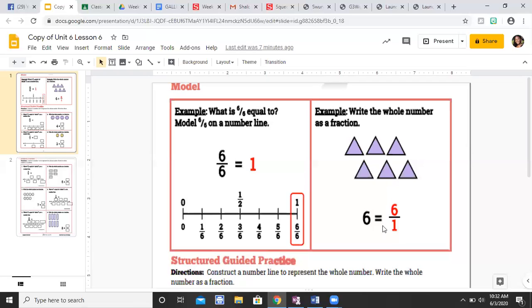For our denominator, or bottom number, we're going to have to take a look at one triangle and determine how many pieces it has been broken into. So looking at the one triangle, we can see that there are no pieces, so this is one whole. So our fraction would be 6 over 1. So 6 is equal to 6 over 1. Let's continue.